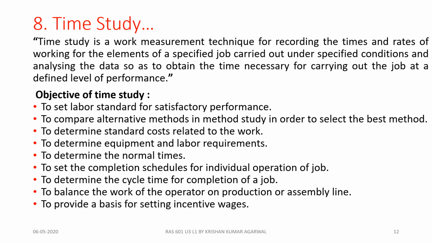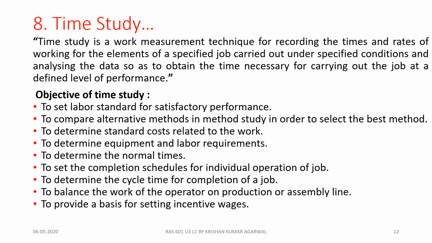One of the objectives is to determine the standard cost related to the work. Another objective may be to determine the equipment and labor requirement and to determine the normal time taken to complete the operation, to set the completion schedule for individual operations of a job, to determine the cycle time for completion of the job, and to balance the work of operators on the production or assembly line, as well as to provide a basis for setting incentive wages.